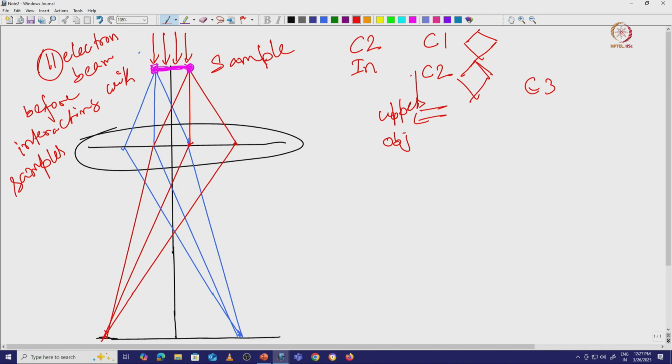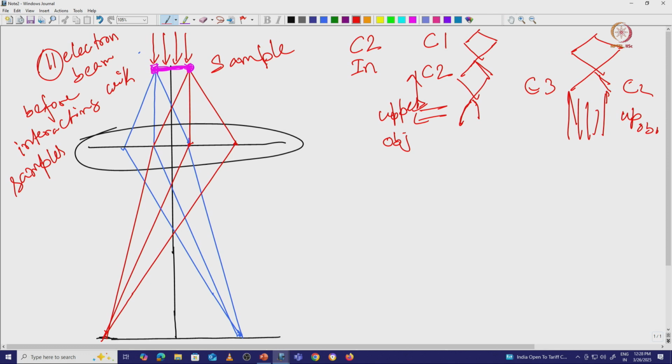This C2 and upper objective lens together, we can use in such a way that we can make this electron beam parallel. So, it will converge, then when it comes near the C2 and upper objective lens, these two will make the electron beam some sort of parallel, and this parallel electron beam will go through the sample.